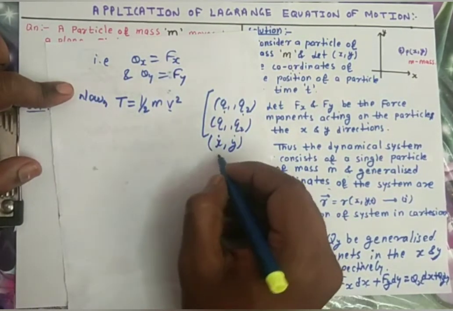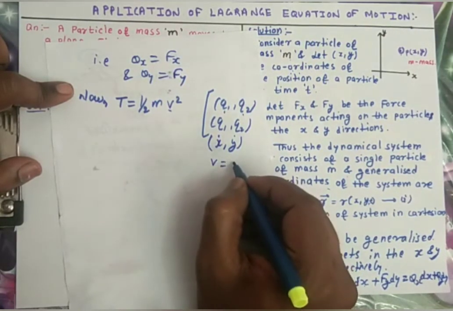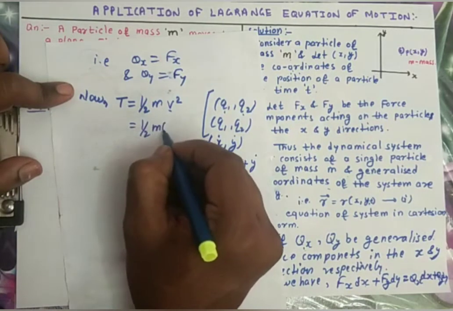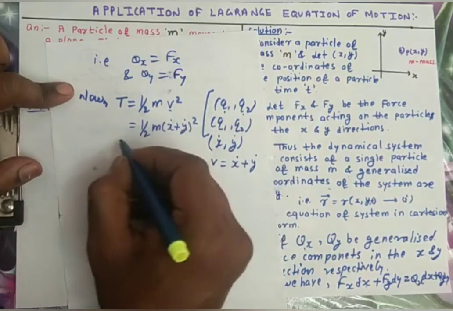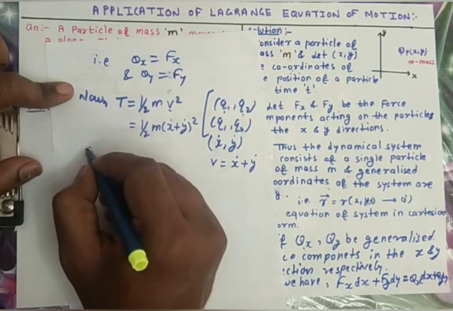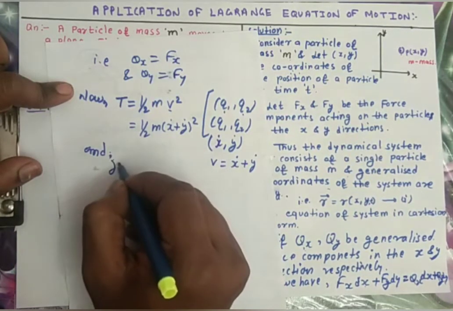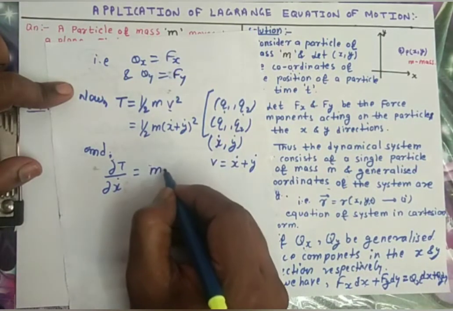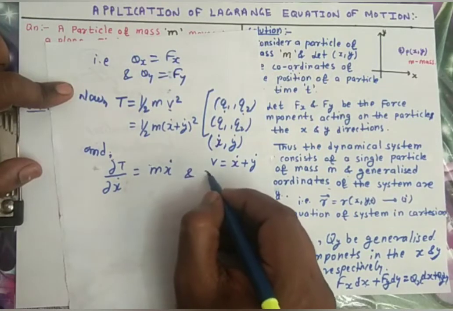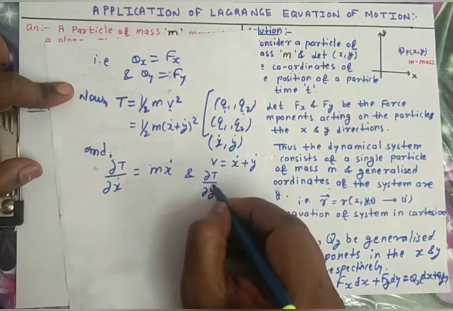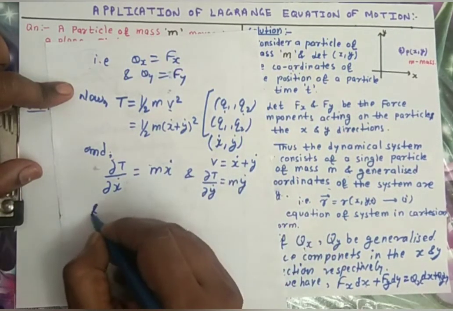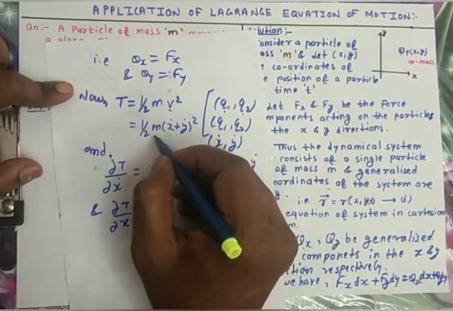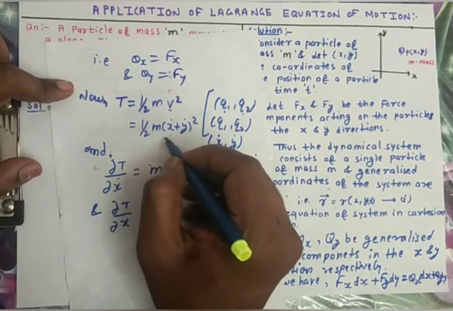That's why v squared becomes x dot squared plus y dot squared, the total velocity, so T is half m times (x dot squared plus y dot squared). Which implies, del T by del x dot is equal to m x dot, and del T by del y dot is equal to m y dot, and del T by del x: here only x dot and y dot are there, x is not there, so they are all constant.